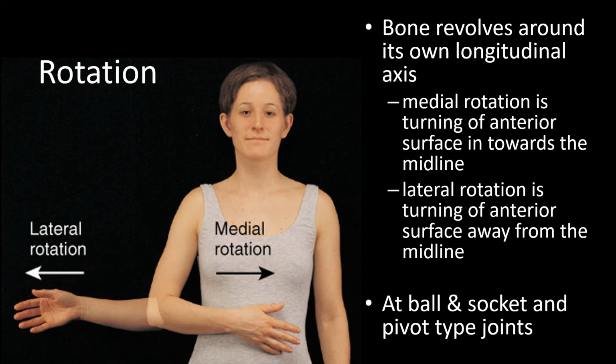If that point of reference is moving away from the midline as she's rotating her humerus, then that means we're dealing with lateral rotation. If that point on the surface of the bone is moving medially as the humerus rotates, that would be medial rotation.